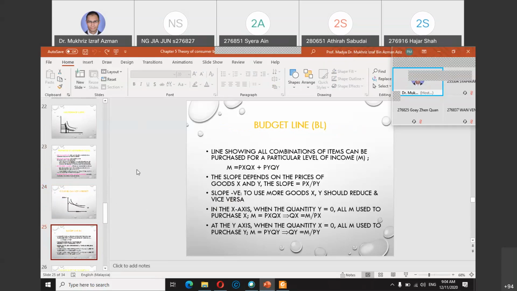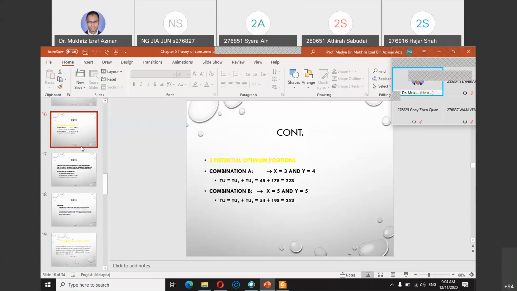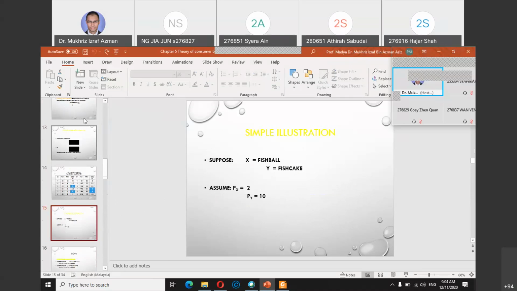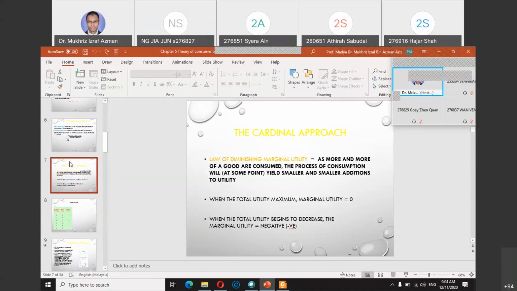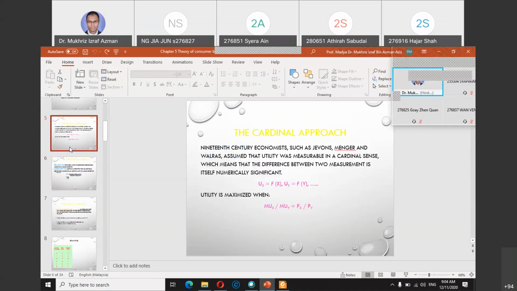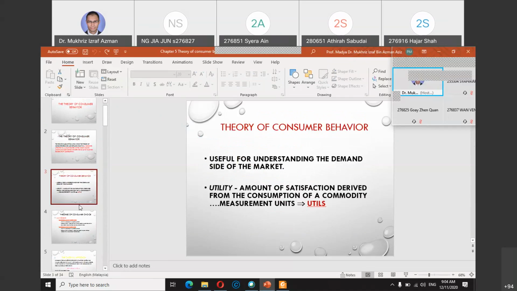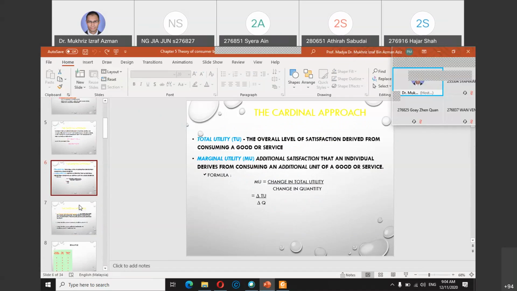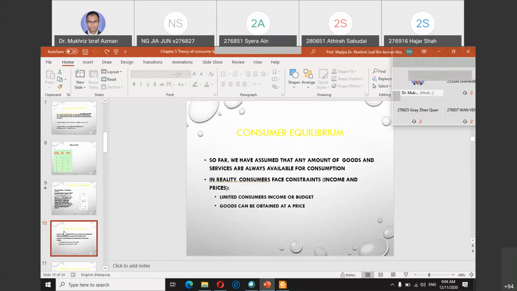If you recall from when we covered this topic before, consumers face constraints: income and prices.